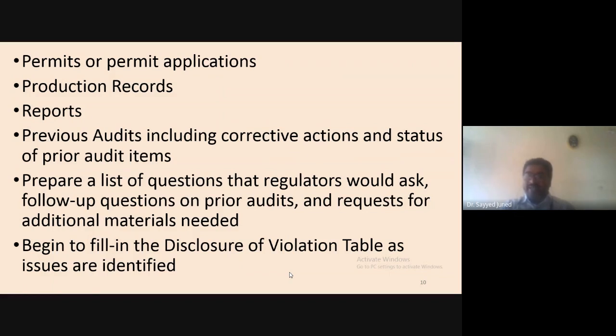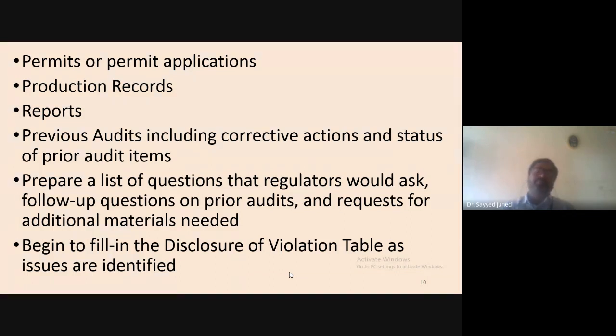Pre-audits include correction, action, and status of the prior audit reports. Prepare a list of questions that the regulator would like to ask, follow-up questions, and prepare the audits and request additional material needed for the compilation of the green audit reports. Begin and fill in the disclosure of the violation table to ensure or identify these reports.